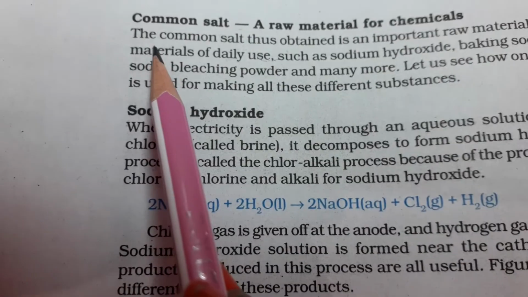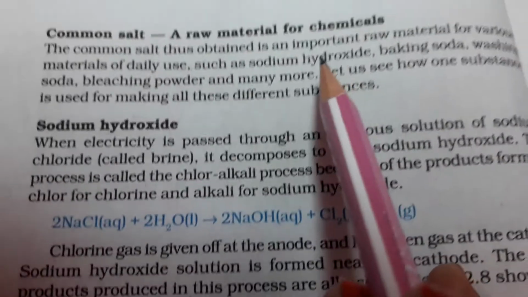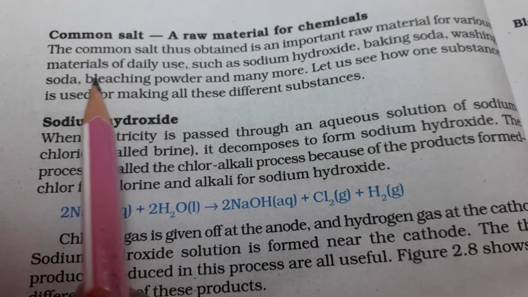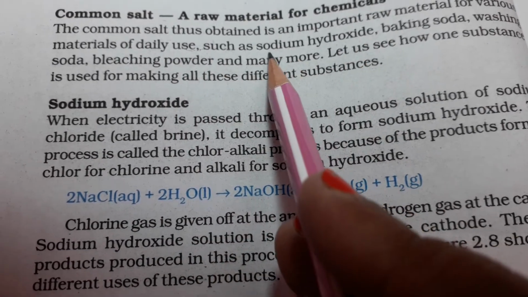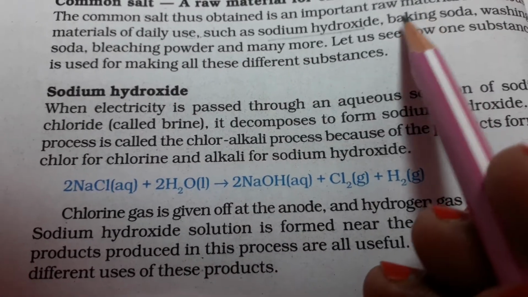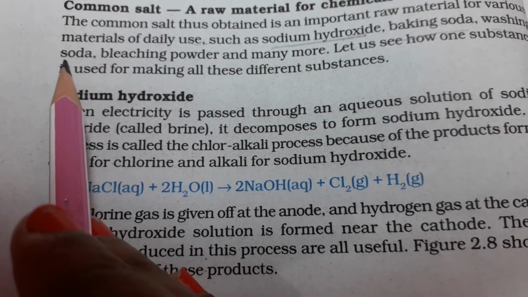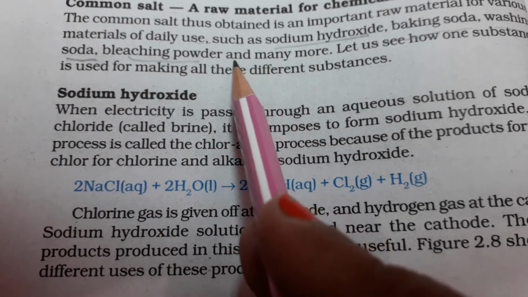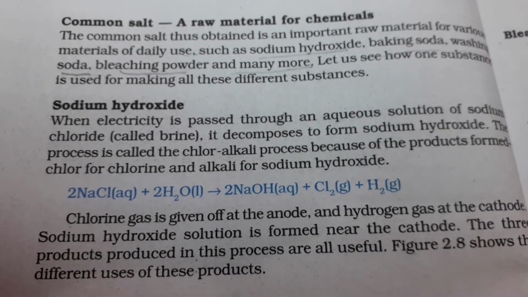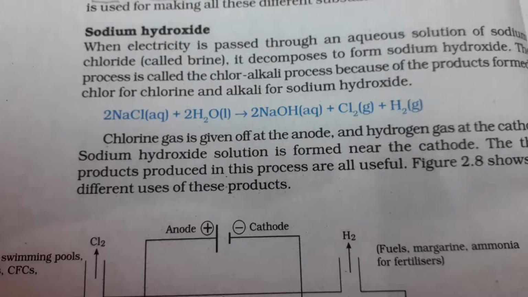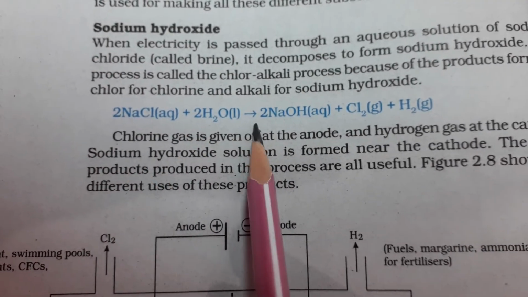Common salt thus obtained is an important raw material for various materials of daily use such as sodium hydroxide, baking soda, washing soda, bleaching powder, and many more materials of daily use obtained with the help of common salt. First of all, we will see how we can obtain sodium hydroxide from common salt.